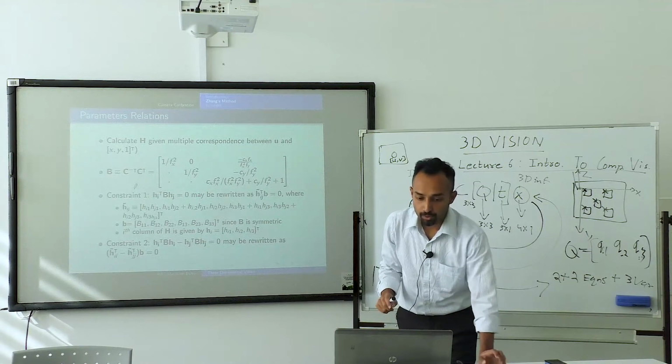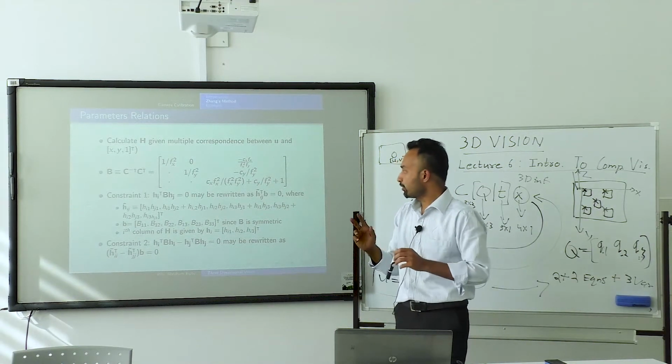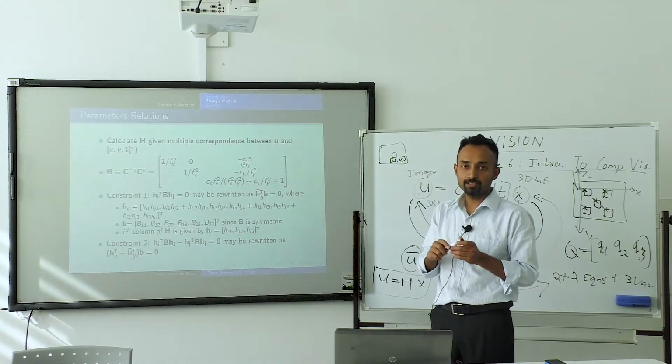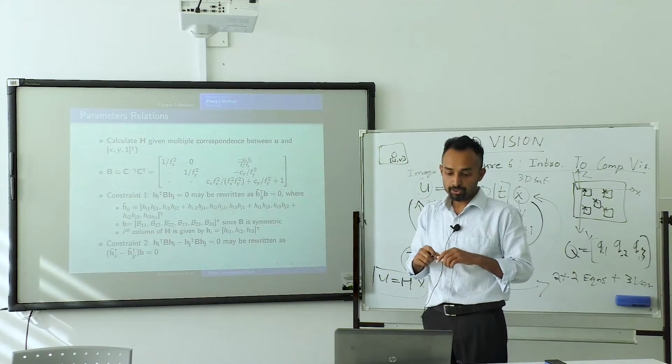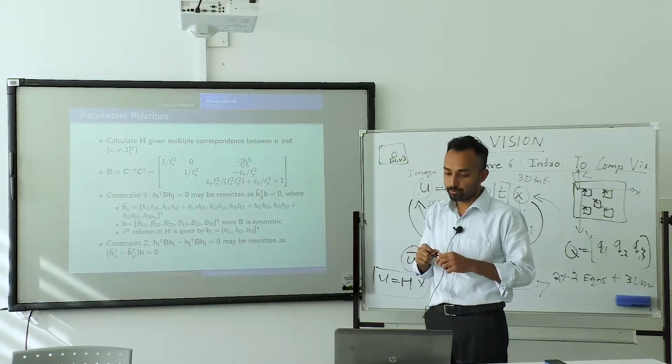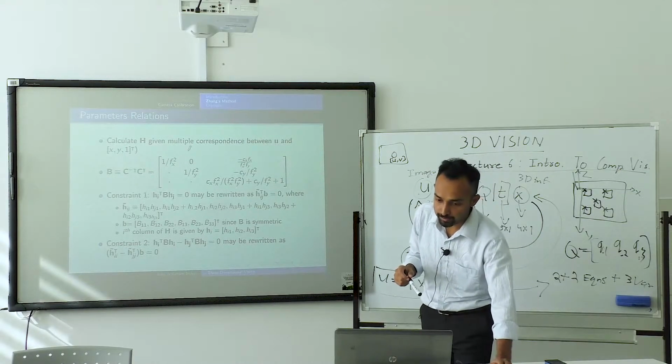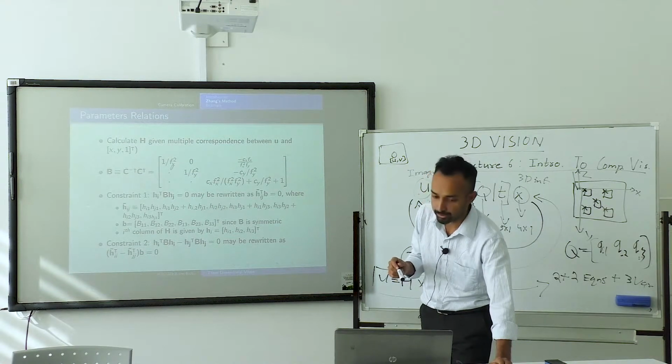And so, in the expressions which I have shown, the two constraints had this particular matrix, which is C inverse transpose into C inverse. So, this is a function in terms of camera internal matrix parameters.